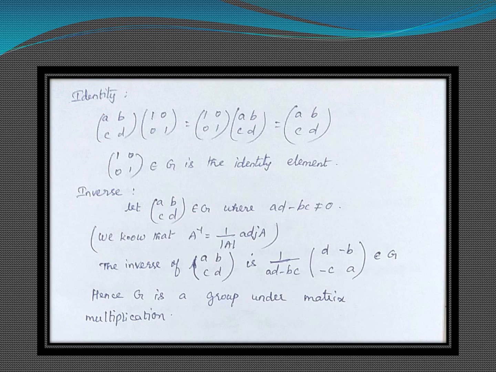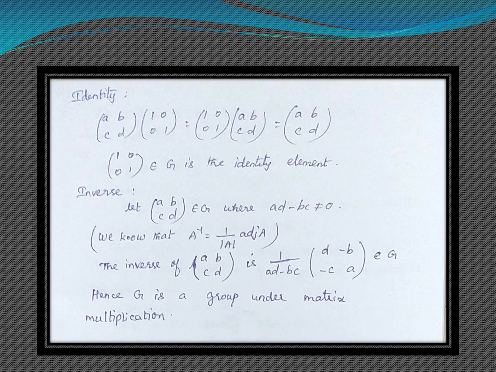Now I am going to multiply this matrix with the matrix [1, 0; 0, 1], which equals [A, B; C, D]. Therefore, this matrix [1, 0; 0, 1] becomes the identity element. Also, this matrix is non-singular because the determinant of this matrix becomes 1. Therefore, the matrix [1, 0; 0, 1] belongs to G and is the identity element.